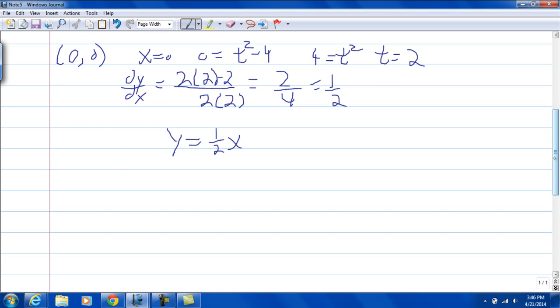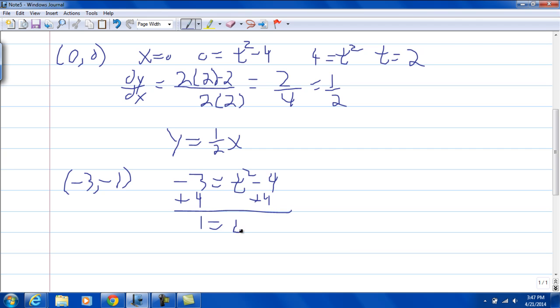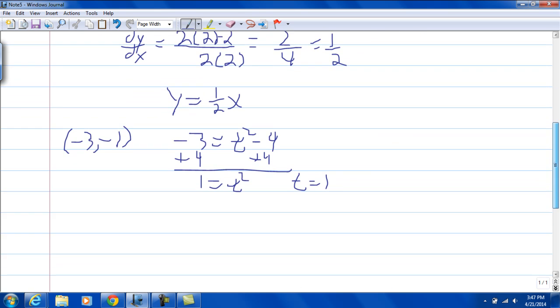Now for the point -3, -1. I'm going to put -3 in place of x, so -3 equals t squared minus 4. If I add 4 to both sides, we have 1 equals t squared, so we could say t equals 1. I'm choosing to go with the positive instead of the negative for t.